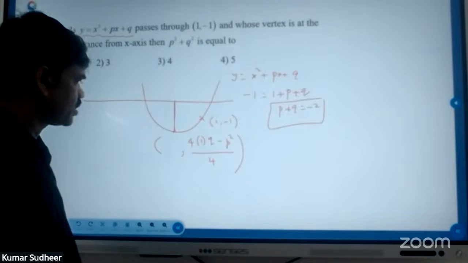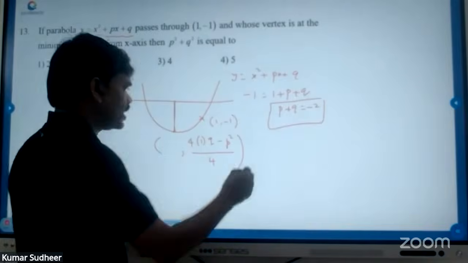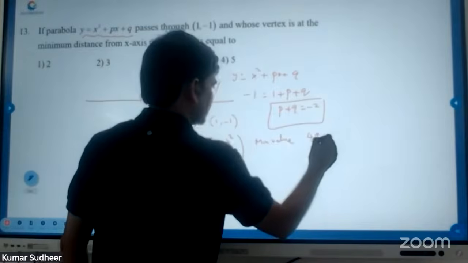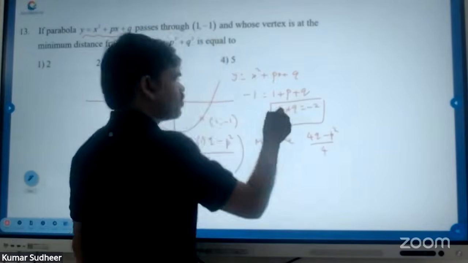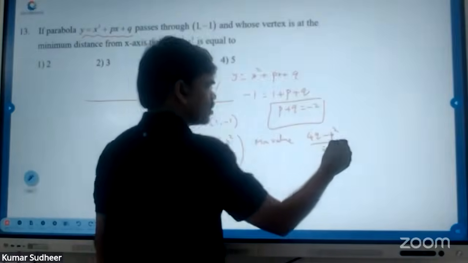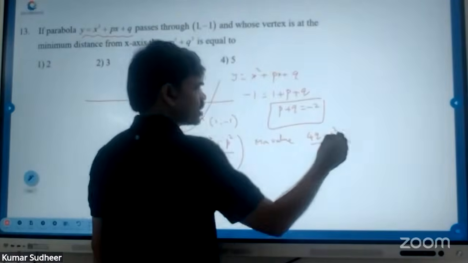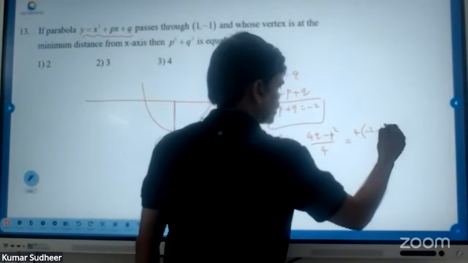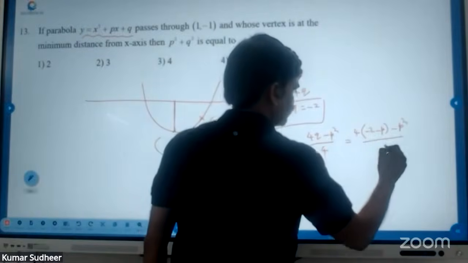So we have to find the minimum value of 4q minus p squared by 4, where p plus q is minus 2. Let us simplify, either p or q. So what I'm doing, I will replace q by minus 2 minus p: 4 into q value, minus 2 minus p, minus p squared, by 4.